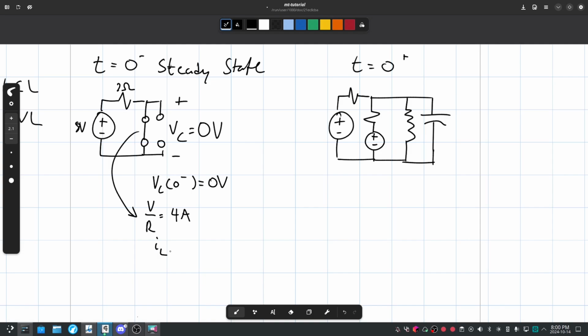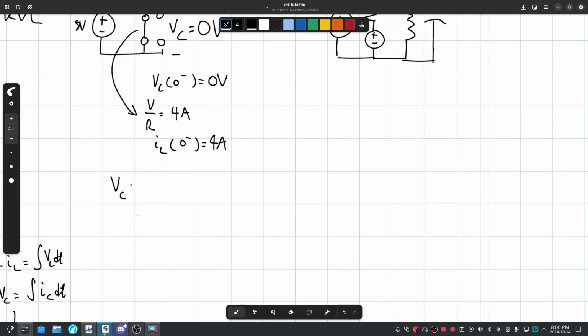Therefore, our current for the inductor at 0 minus is equal to 4 amps. And remember the behavior of inductors and capacitors. For capacitors, VC at 0 minus is equal to VC at 0 plus. And for inductors, I at 0 minus is equal to I at 0 plus.